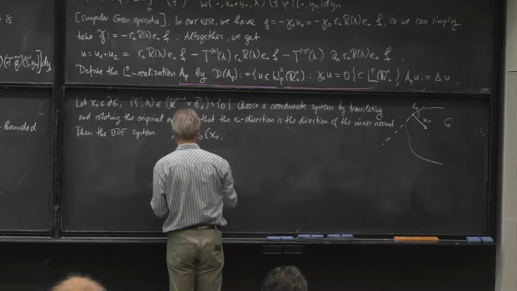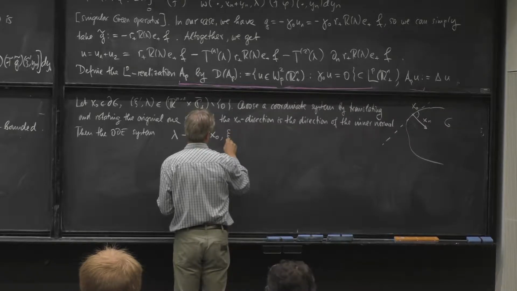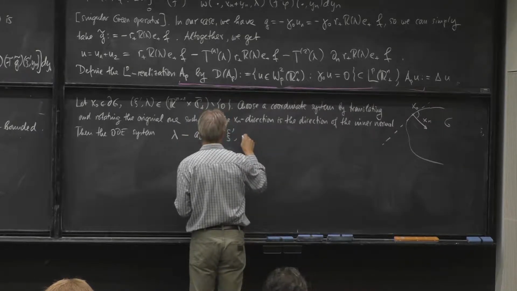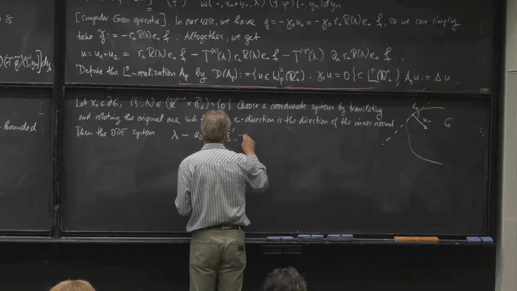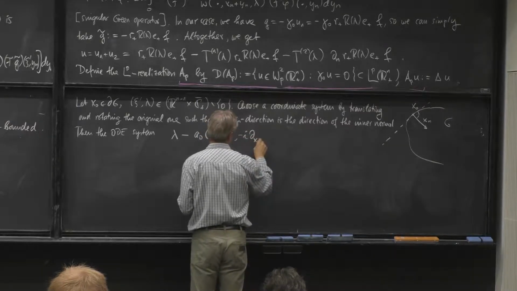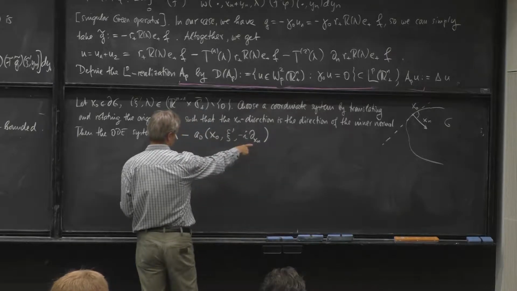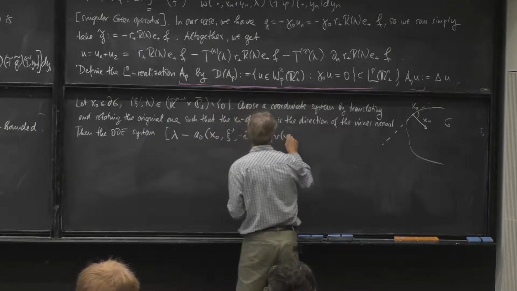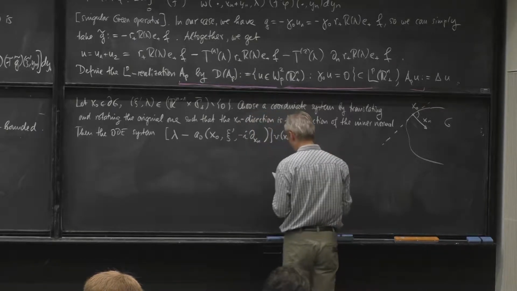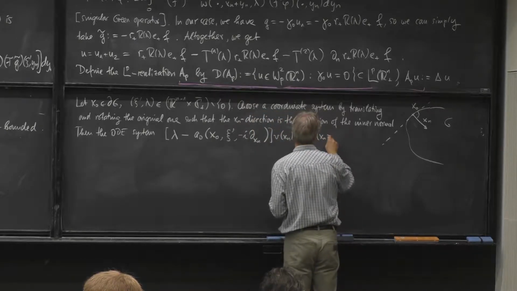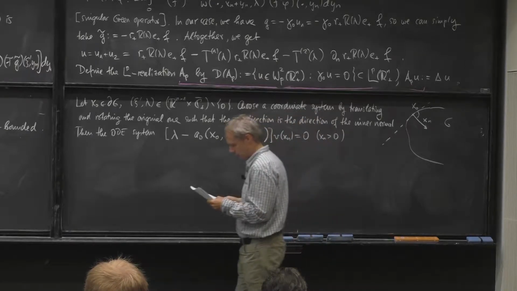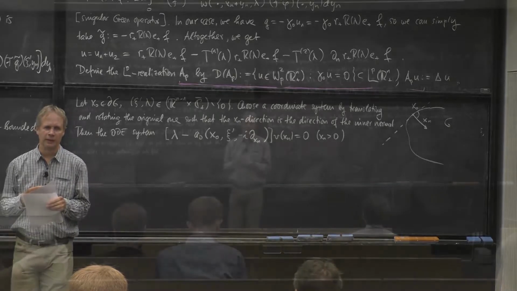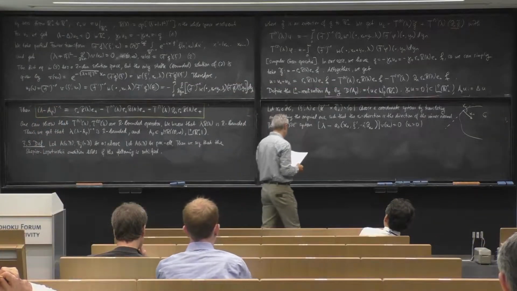I freeze the coefficients, take the partial Fourier transform, and I still keep this minus i d_xn as before, so I do nothing in this direction. v(x_n) equals 0 for x_n greater than 0. And this is now an operator of order 2m, and I need half of the order as boundary conditions.